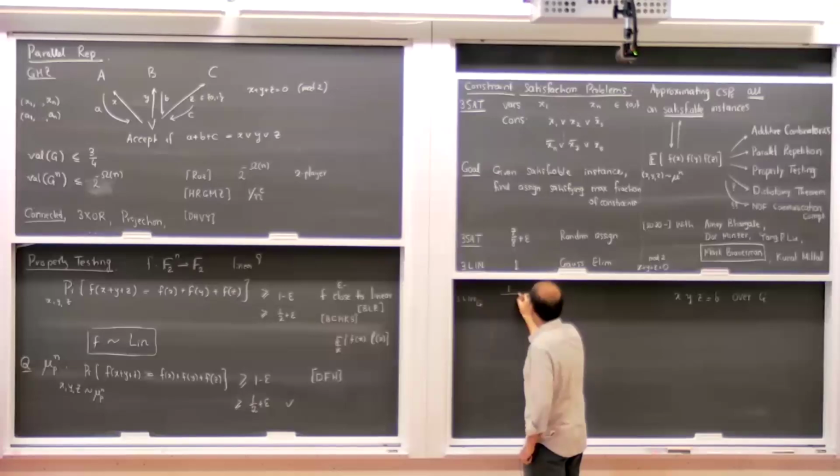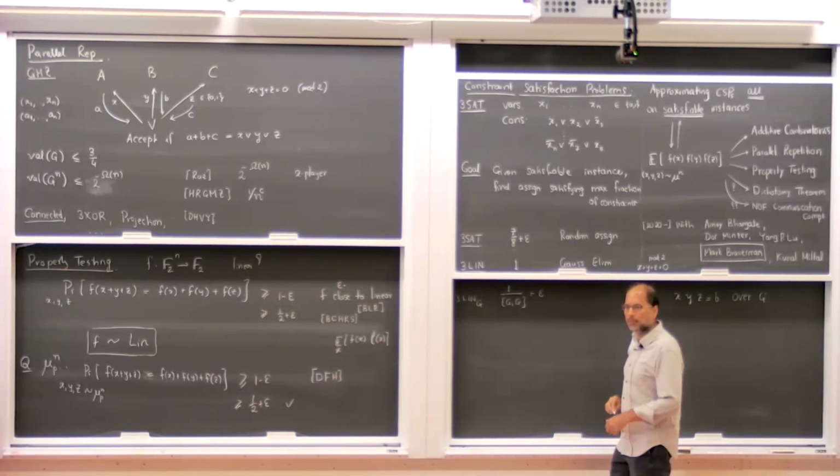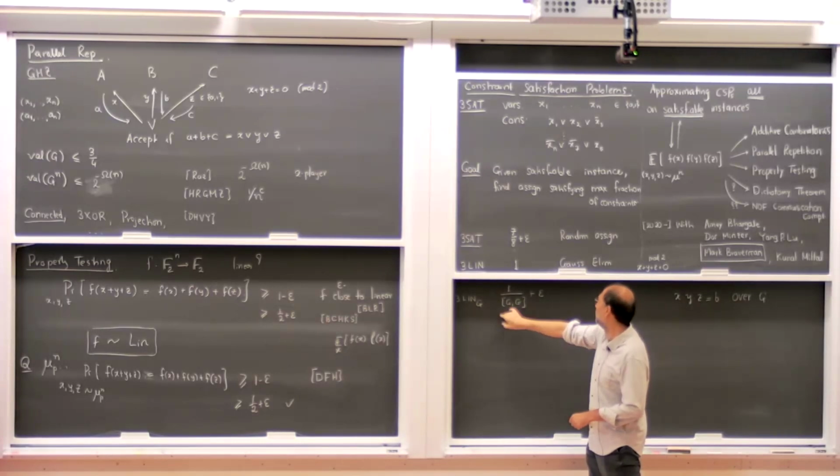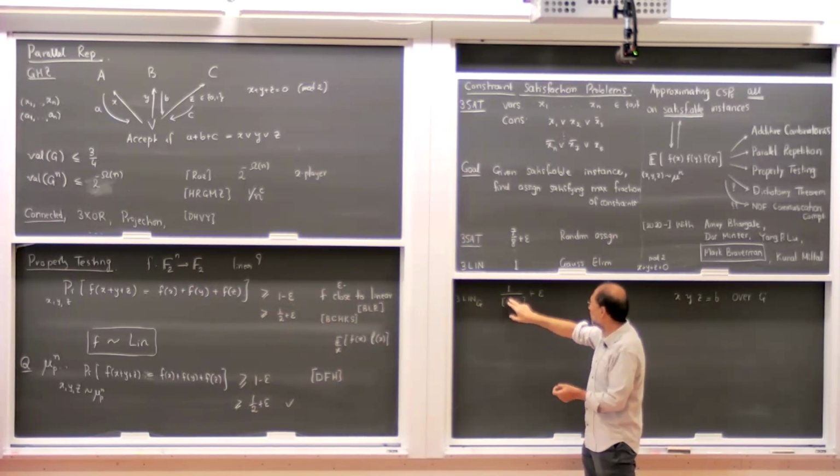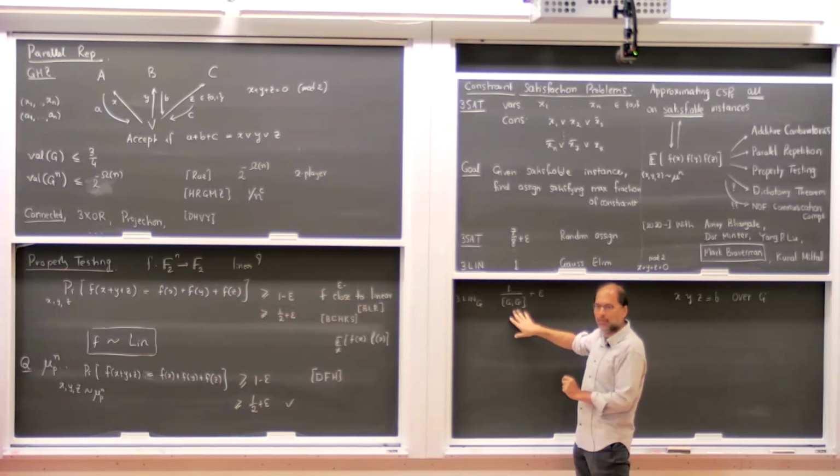The answer is 1 divided by the size of the so-called commutator subgroup of the group. So if the group is abelian, the commutator subgroup is just trivial, so you get 1. Otherwise, you get some non-trivial threshold, and it can be shown that this is optimal.